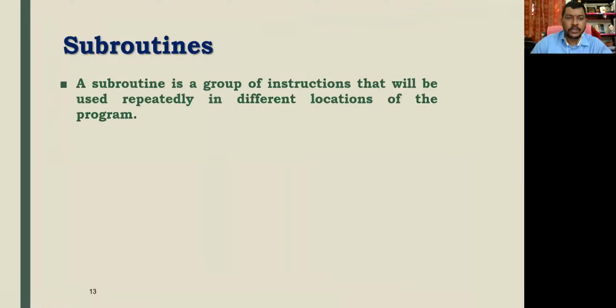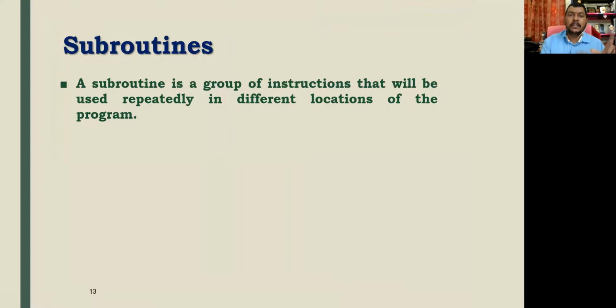So subroutines we need to start. A subroutine is defined as a group of instructions or a small program that will be used repeatedly in different locations of the program. तो मेन प्रोग्राम में अगर उसकी जरूरत पड़ती है हमको, तो हम उसको कॉल कर सकते हैं. अगर हम लोगों ने ऐसा नहीं किया तो क्या होगा, हमारे मेन प्रोग्राम में वो 10 बार लिखना पड़ेगा, राइट. और उसको अवॉइड करने के लिए, to avoid that, the length of the program will increase.